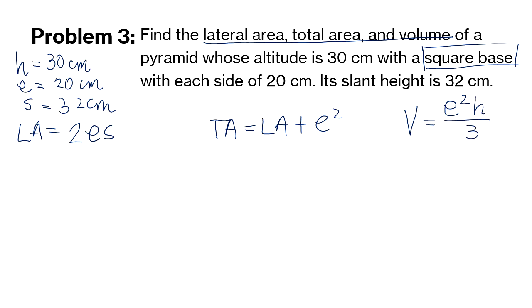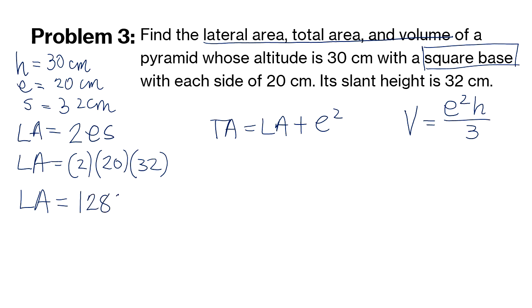Now, let's substitute our given information. For lateral area, we have 2 times 20 centimeters times 32 centimeters. We get lateral area is 1,280 square centimeters.